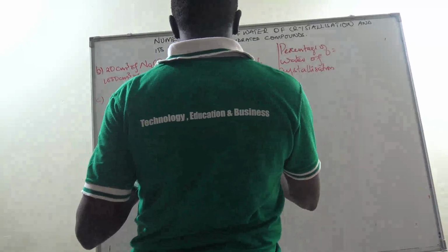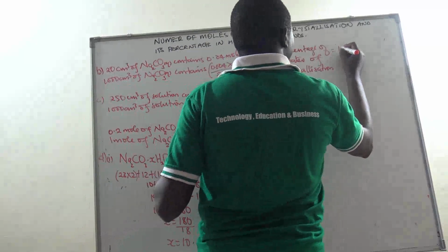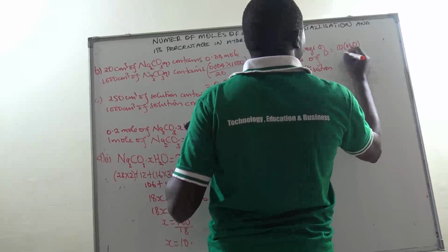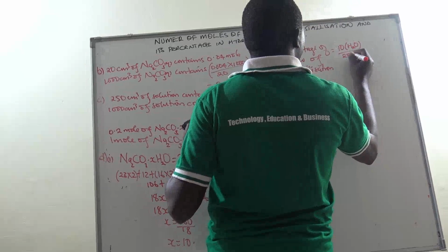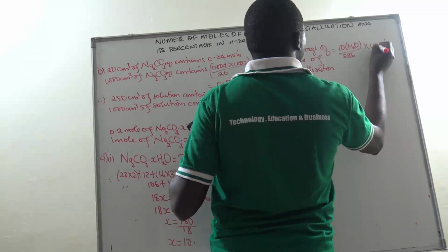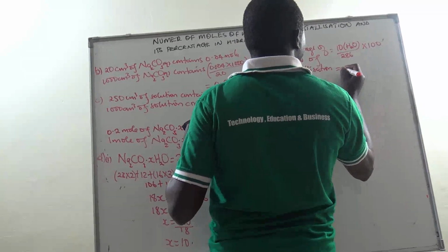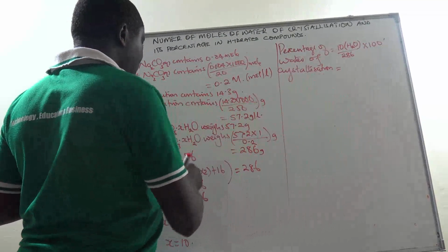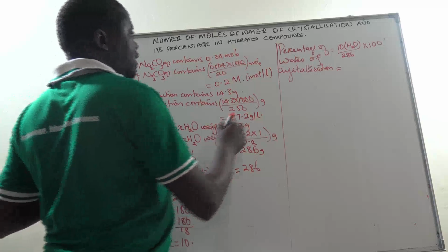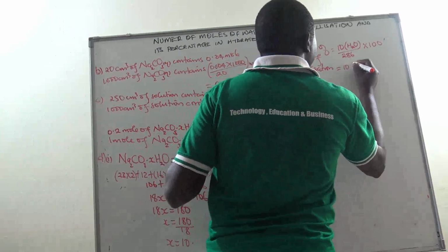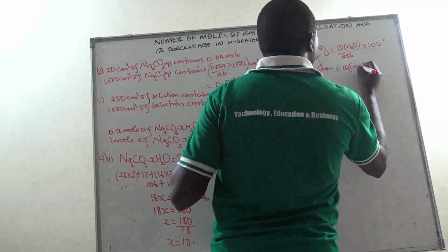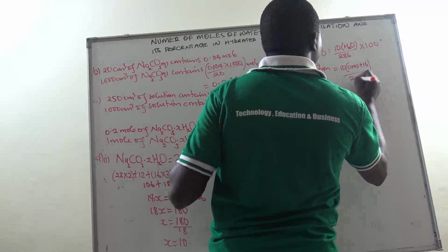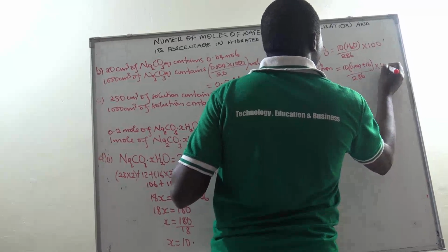Since the value of x is already 10, we shall say 10 times the mass of water, x is 10, out of the total mass, which is 286, and we multiply by 100. So what do we get in this case? The mass of water is 18, that is 16 plus 2. So it will be 10 times 1 times 2 plus 16 out of 286 times 100.